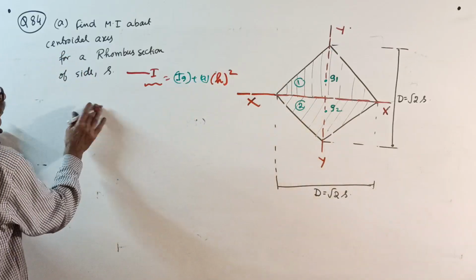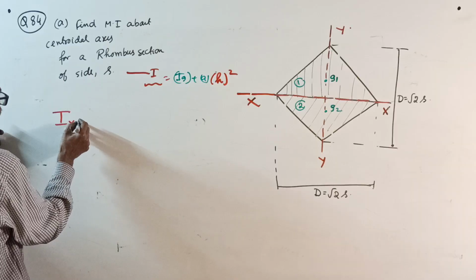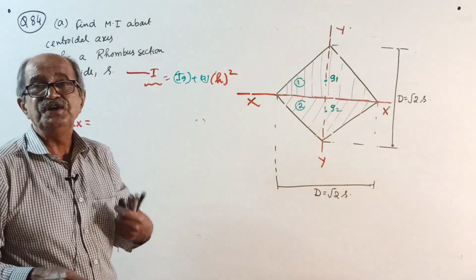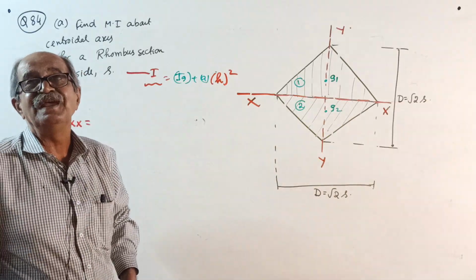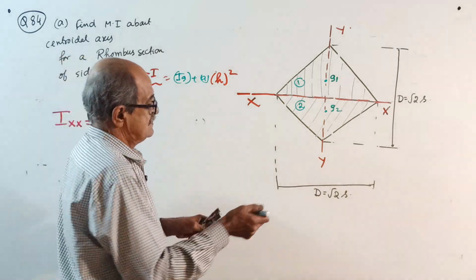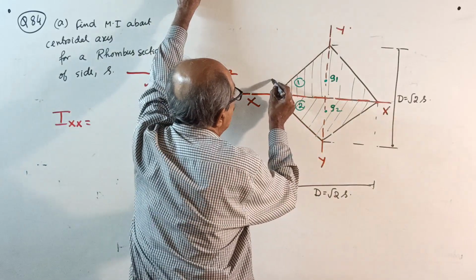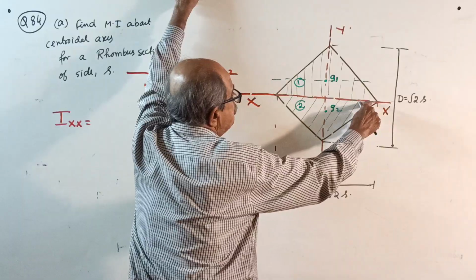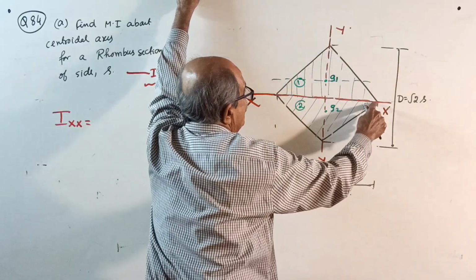Start. Now, I about xx. Somebody watching will say sir does not know something. I know it. I will tell you last. Okay. Start. First, I about its own centroidal axis. See, this is the parallel side. This is an isosceles triangle.